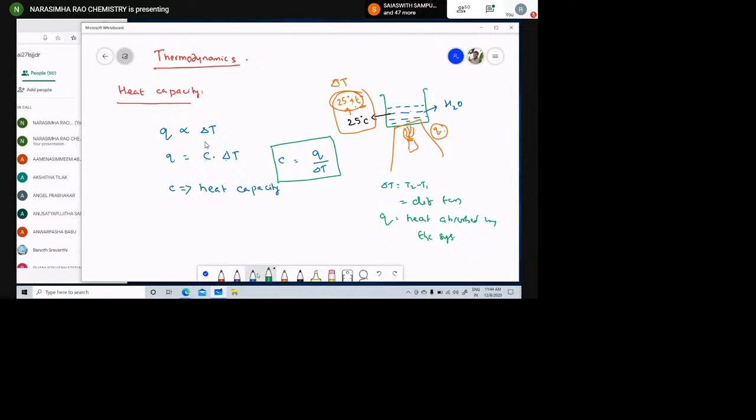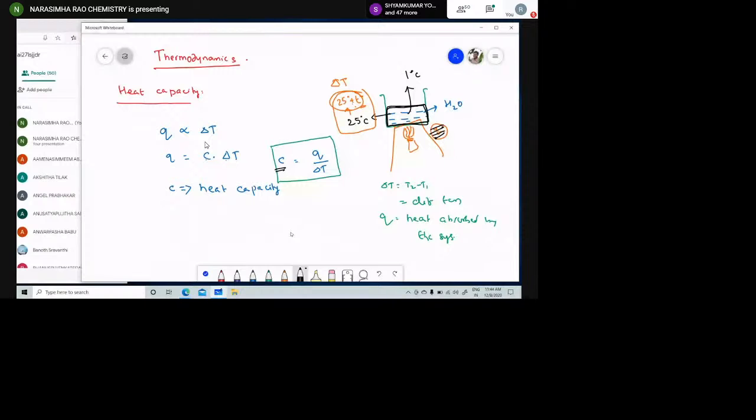Heat capacity is the amount of heat required to raise the temperature of a system or body or matter throughout the matter by 1 degree C. Such an amount of heat required is called heat capacity.